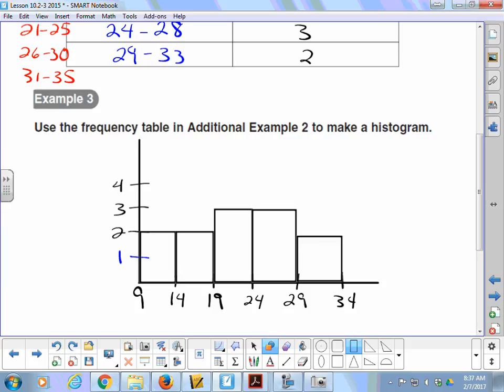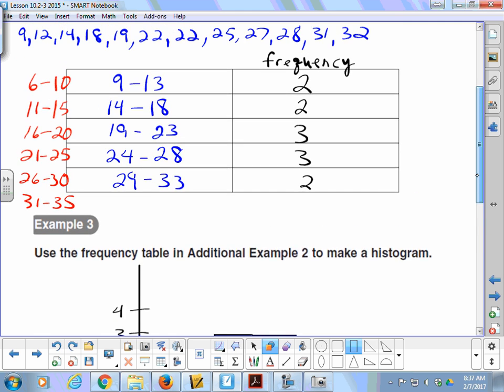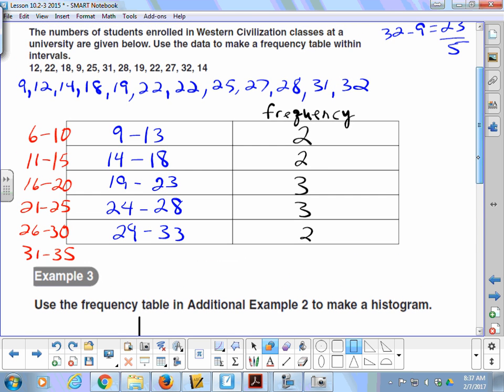All right, so the first thing you have to do is we have to make a frequency table. So when they give us the data, we make a frequency table, divide up the intervals evenly, right? And like I said, you could start with the lowest number, go to the highest number, all right? Or you could make them, if you want to do it more uniformly with the numbers like 6 to 10, 11 to 15, you can do that.